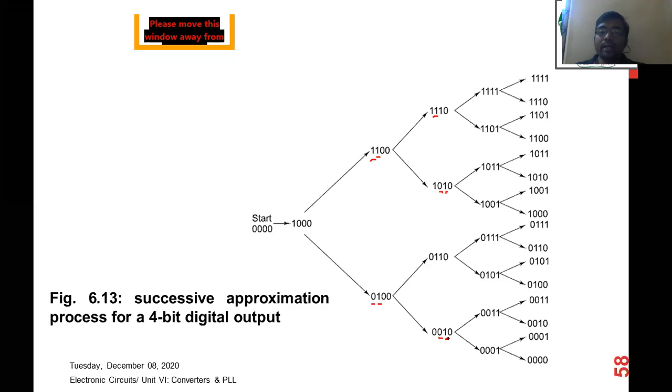So in this way, every branch has 2 sub-branches, going up to 16 digital equivalents, because this is a 4-bit successive approximation process. So there is a possibility of 16 different digital equivalent signals.